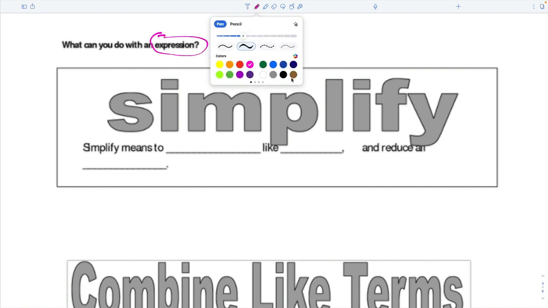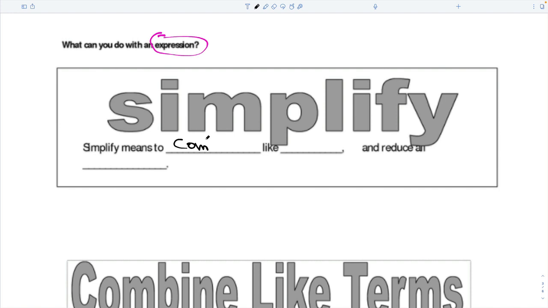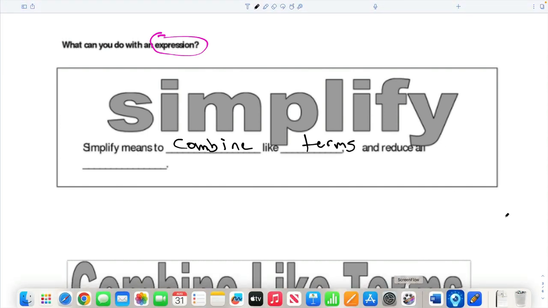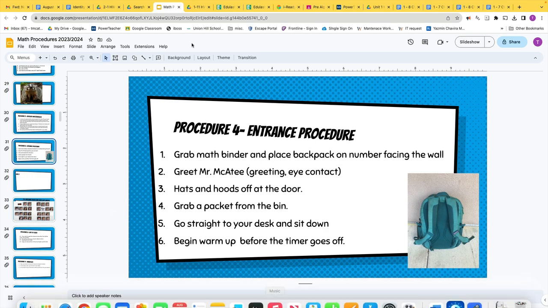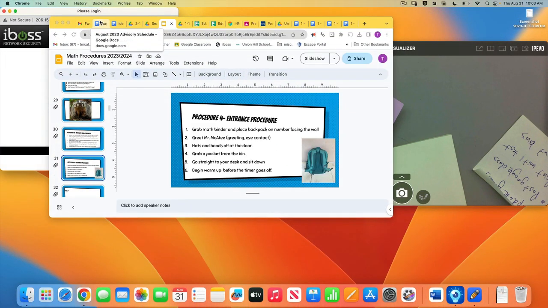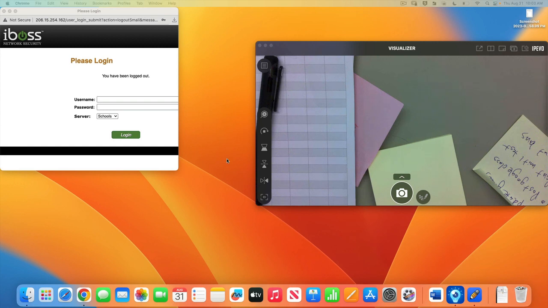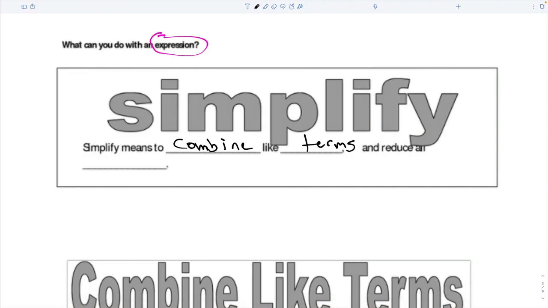Simplify means to combine like terms and reduce any fractions you may have. So if you can simplify fractions, reduce any fractions. If you have them, they can be simplified.